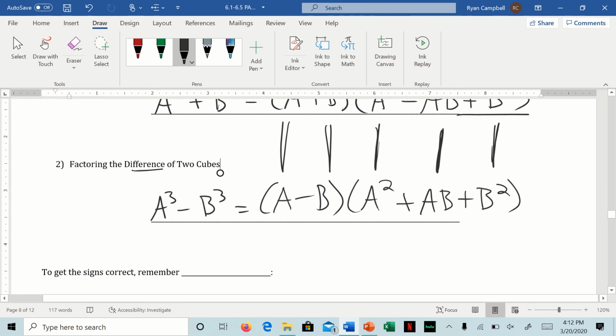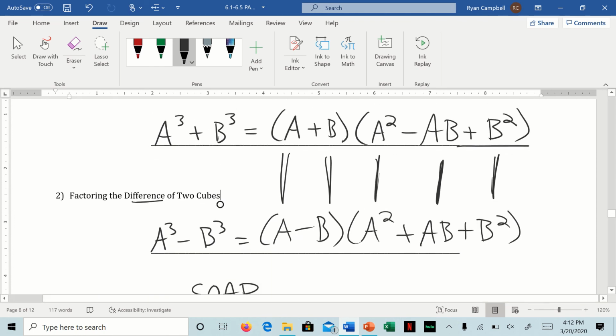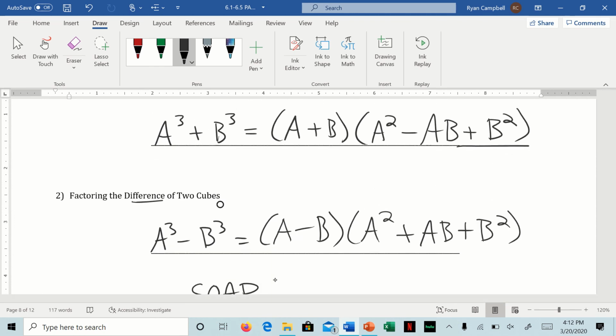Well, to get the signs correct, just remember SOAP. SOAP means this. If you have a plus, the first sign is going to be S, the same sign. If you start with a plus, it ends with a plus. If you start with a minus, it ends with a minus. Then you have O. The next sign is opposite.